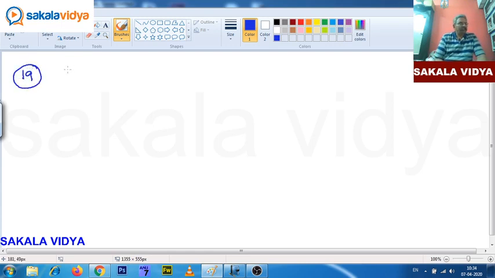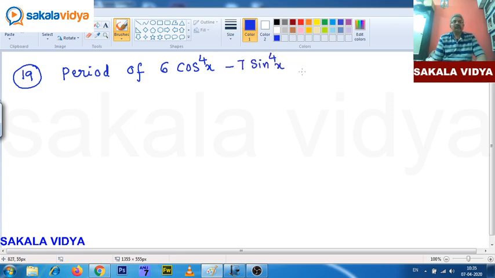Nineteenth question. Period of 6 cos x to the power of 4 minus 7 sin x to the power of 4 is: first option is pi by 2, second option is pi, third option is 3 pi by 2, fourth option is 2 pi.